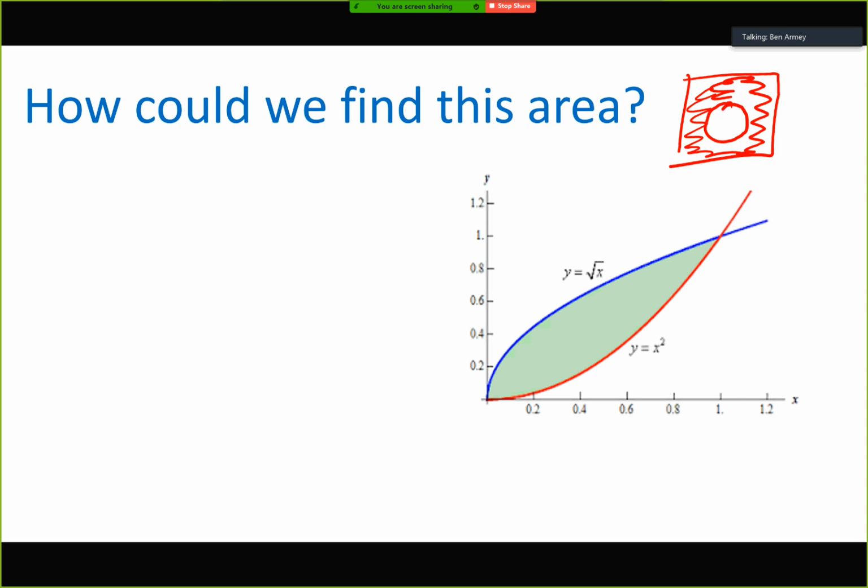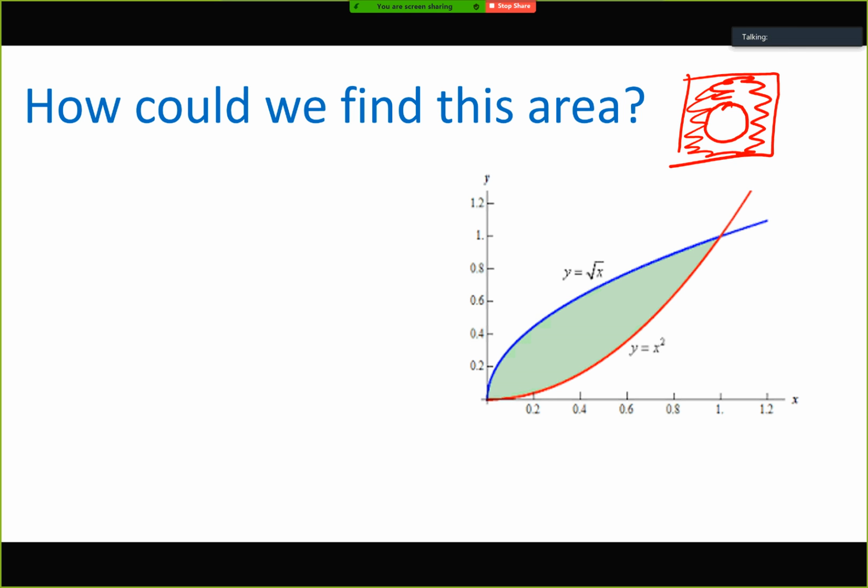If I were to look at this blue line, and I were to integrate this blue line, that would give me area all the way down to the x-axis. If I were to integrate the red line, I would go from the red line down to the x-axis. So we can start to see, okay, if I take the whole thing with that blue line down and subtract out this white space underneath the red, that's going to leave me with just the green.